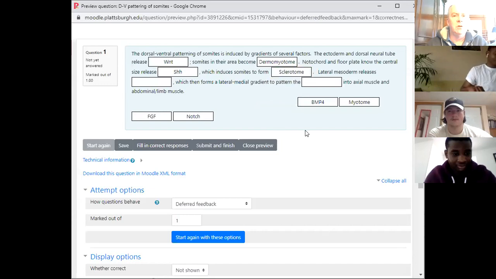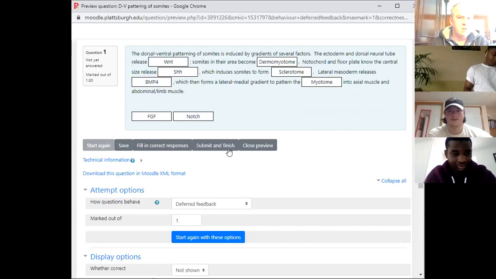The lateral mesoderm releases BMP, which then forms a lateral-medial gradient to pattern the myotome. All right. Submit, finish.